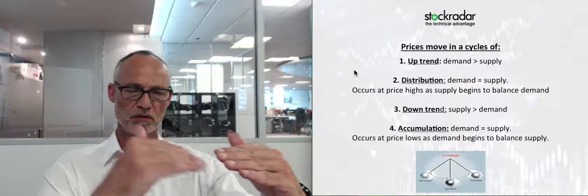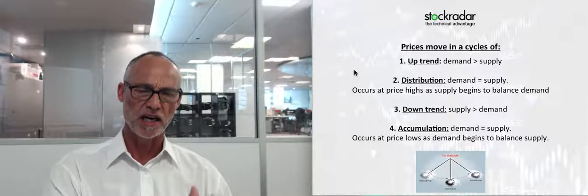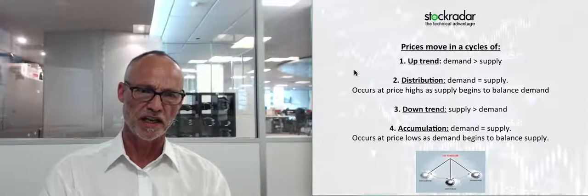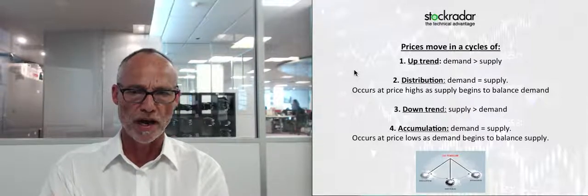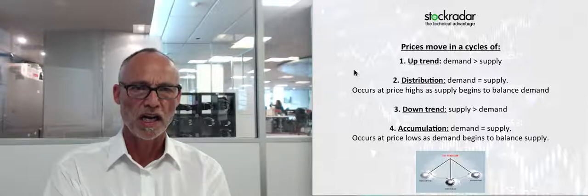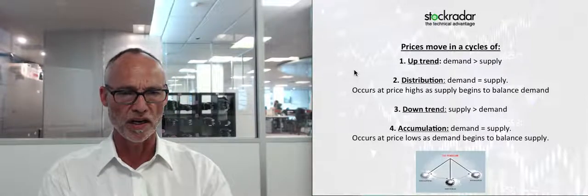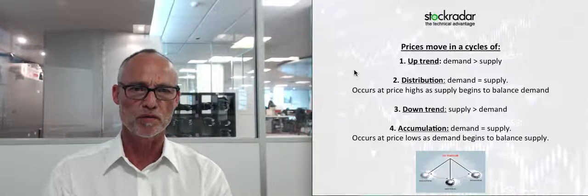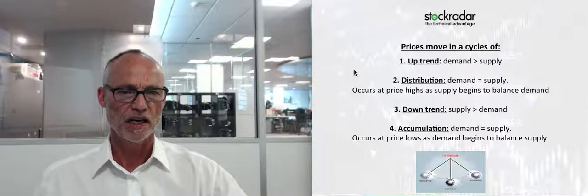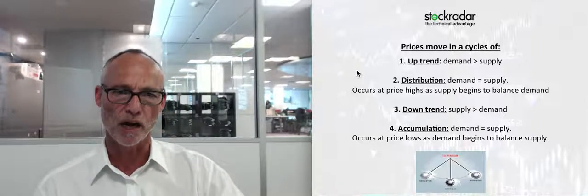Okay, then it switches to a downtrend where supply overcomes demand, and then we get to an accumulation phase down the bottom where demand equals supply, because at price lows demand begins to balance supply, and the cycle goes on back into uptrend. So this is where the pendulum swings between those 4 cycle parts.